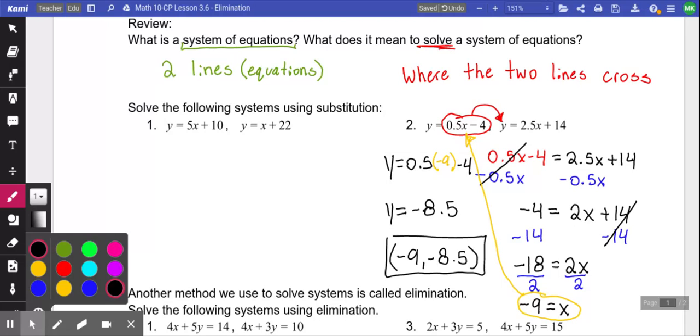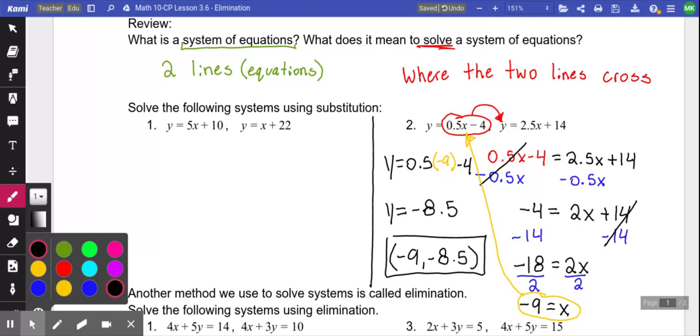Cool. The first one, I've asked you to try the substitution to start it off. One of the hard things about this is you could do it a little different and get the same answer. So, for instance, Kai might be doing it one way and Evan might be doing it another way, and they both get the right answer.